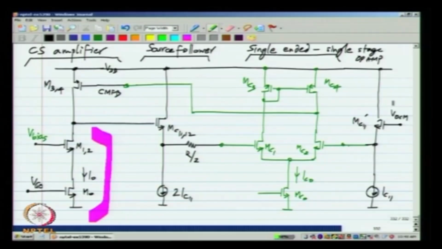So, the part that I have drawn in green plus the transistors M3, 4 will act like a 2-stage op amp, and it happens to have an additional source follower buffer MC11 and 12 in the common mode equivalent circuit. So, whatever we discussed earlier for the stability of the 2-stage op amp will apply here as well.